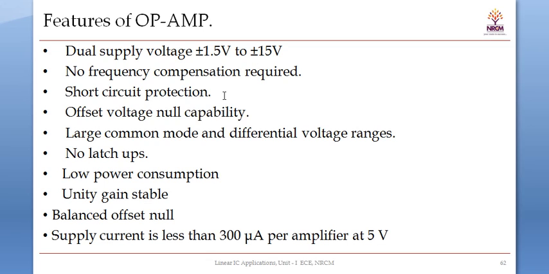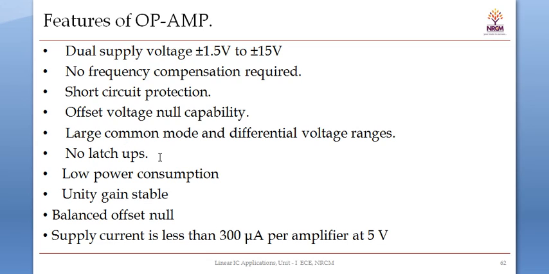Short circuit protection is given for the 741 IC, and offset voltage null capability is also there. Next, large common mode and differential voltage ranges you can achieve with the help of this op-amp.